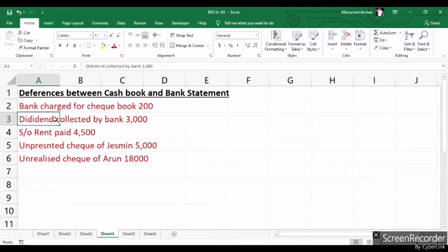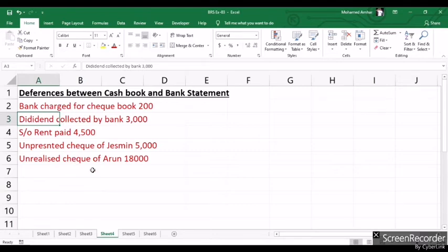So now from these reasons, there are 1, 2, 3, 4, 5 reasons or 5 errors. Because of this, the cash book balance and the bank statement balance is not balancing. So now first we have to correct our cash book.